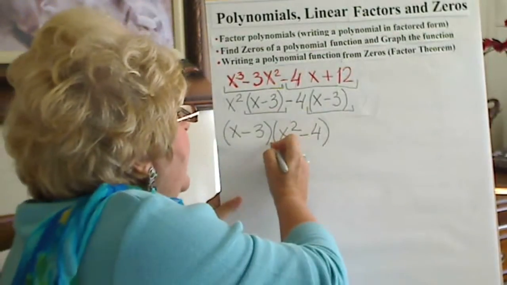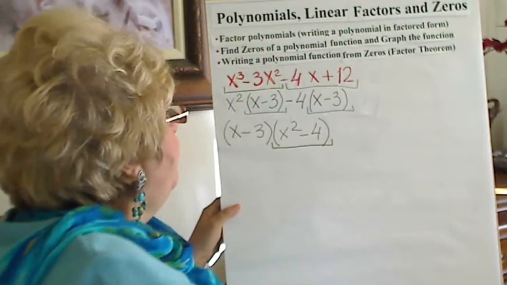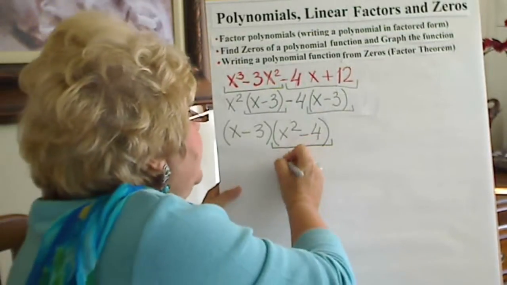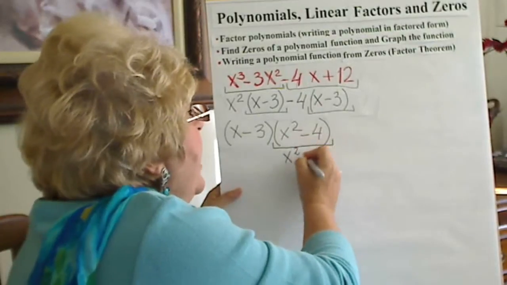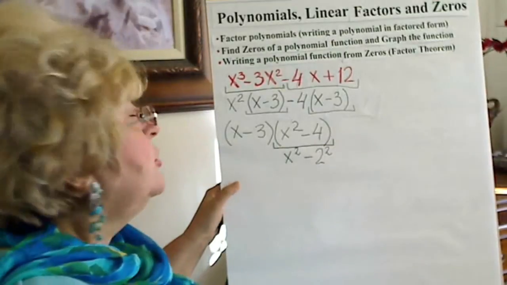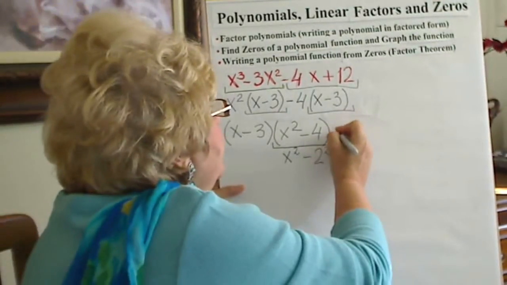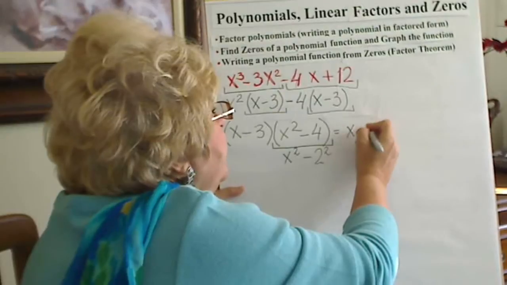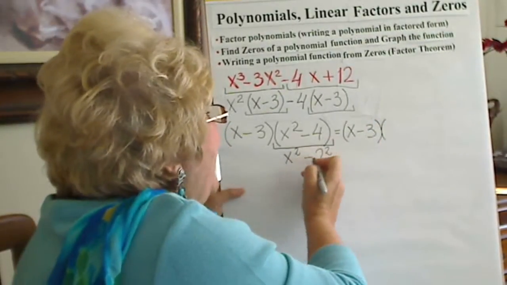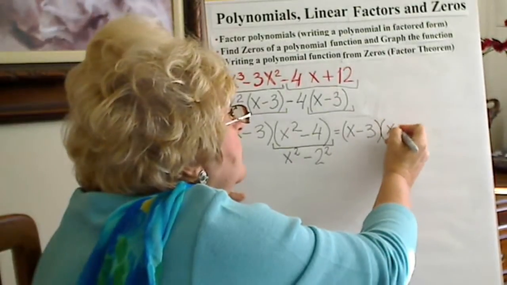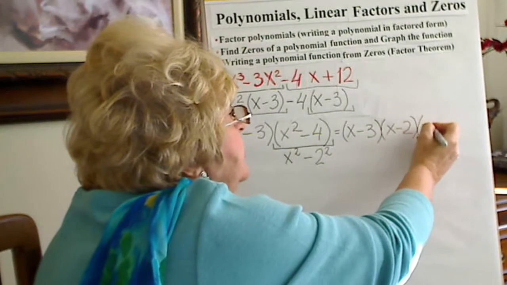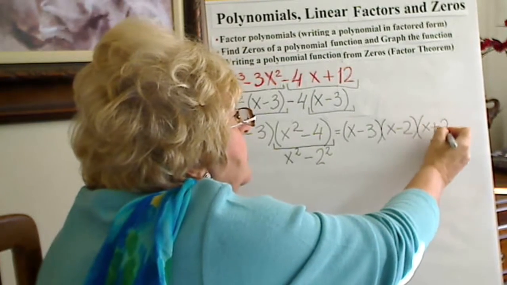We see that x squared minus 4 is a difference of two squares: x squared and 2 squared. And we will use the formula, so we can write that it will be x minus 3 multiplied by x minus 2 and multiplied by x plus 2.